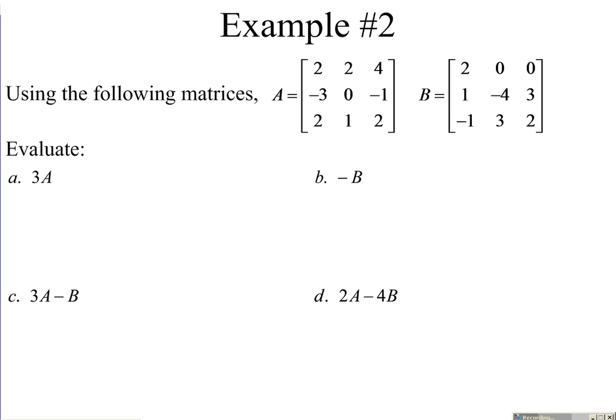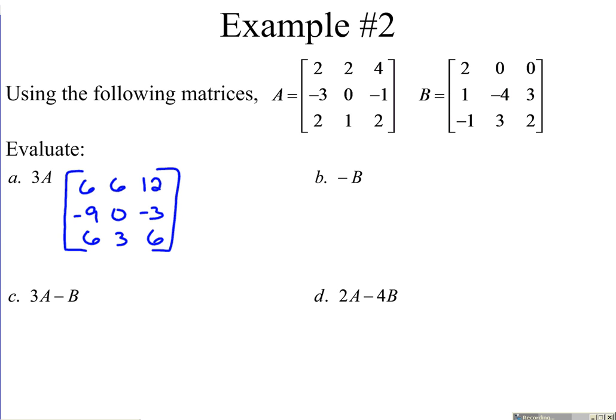Second one, scalar multiplication here. 3 times matrix A just means I take 3 times every single element there in matrix A. When we do that, we get 6, 6, 12, -9, 0, -3, 6, 3, 6.